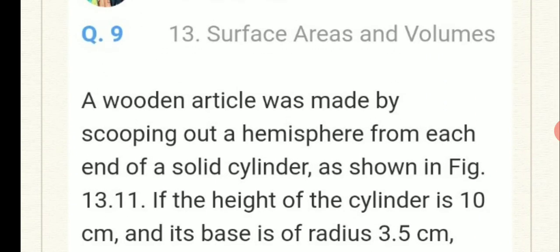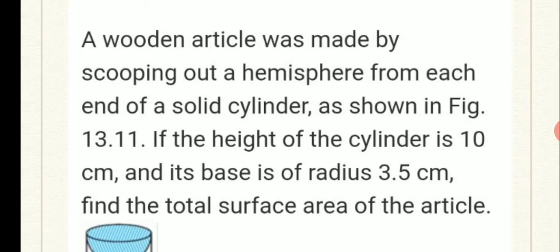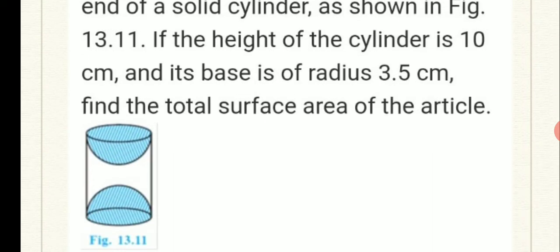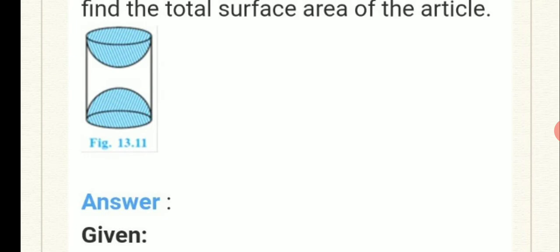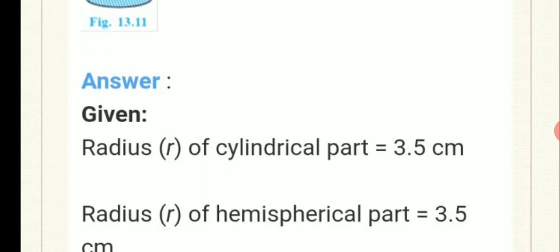Question number 9. A wooden article was made by scooping out a hemisphere from each end of a solid cylinder as shown in figure 13.11. If the height of the cylinder is 10 cm and its base radius is 3.5 cm, find the total surface area of the article. Here top and bottom of cylinder are carved out in the form of hemisphere.